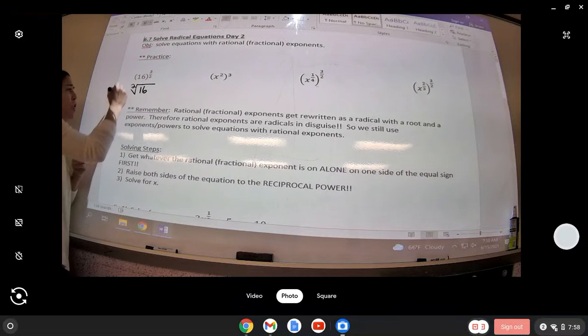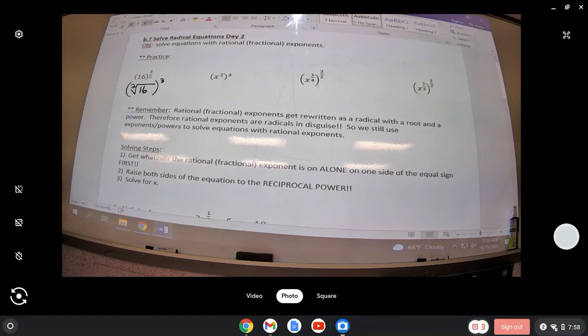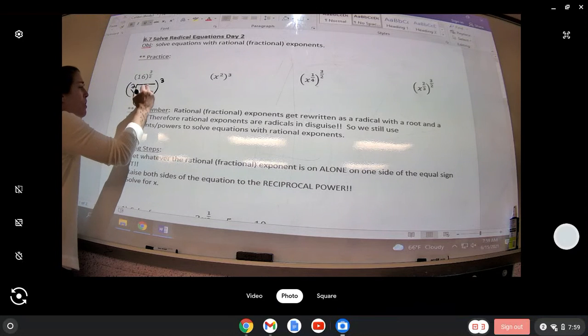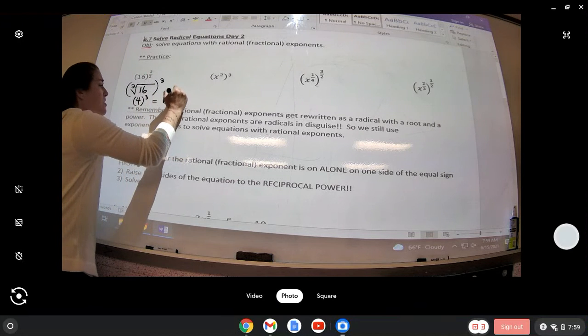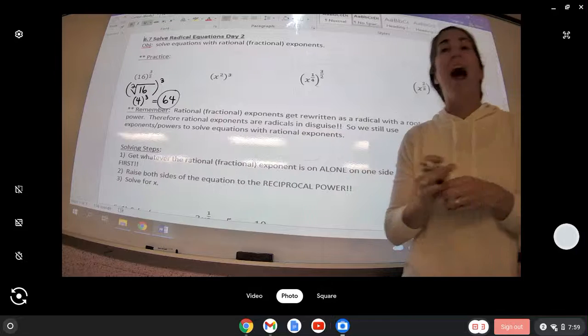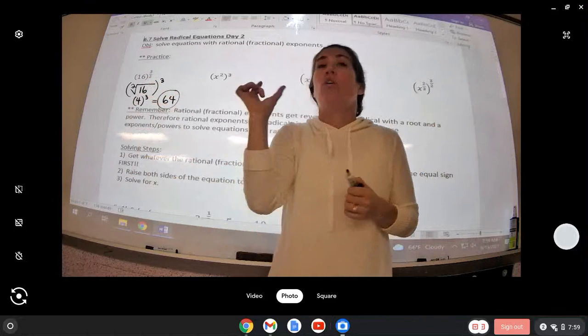So it is a root of 2 raised to a power of 3. That's how we evaluate these rational exponents. The square root of 16 is 4. 4 to the third power, 4 times 4 times 4, gets us 64.